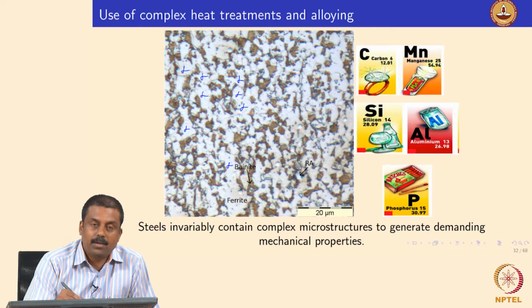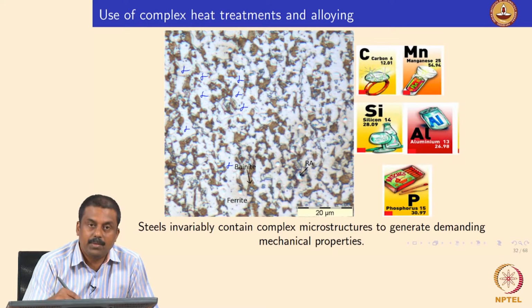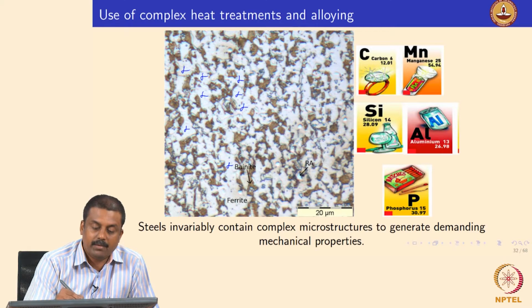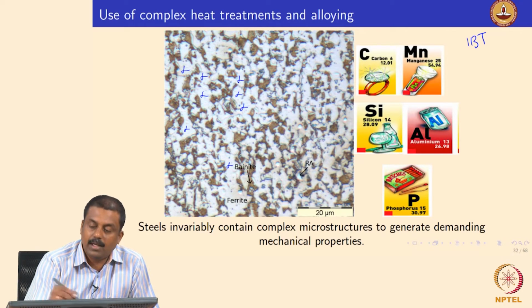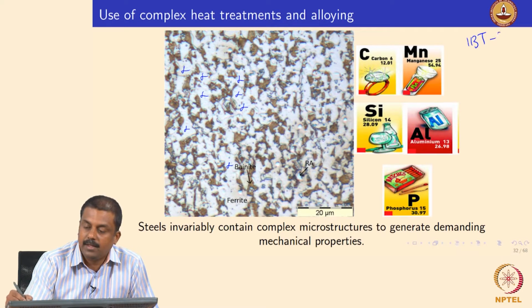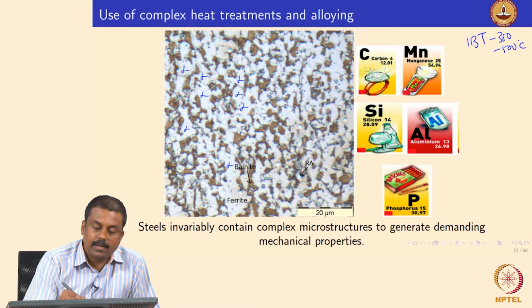This austenite is subsequently transformed during the isothermal bainitic holding between 350 to 500 degrees centigrade, where we transform the austenite from the intercritical annealing to bainitic ferrite, right.